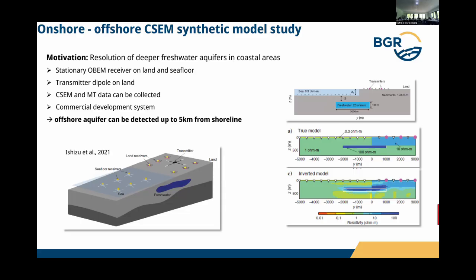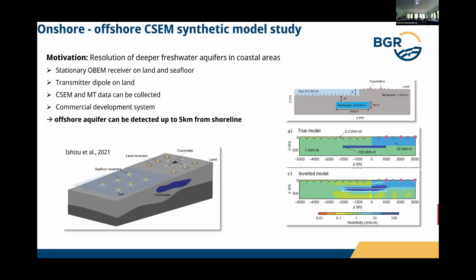And that's the model they used. So here you have the shoreline, you have here the sea layer, quite a simple model. And here you have a freshened water aquifer with 20 ohm meters. That was put in a numerical model. Don't ask me why it's now 100 ohm meters. That's how I got it from this paper.